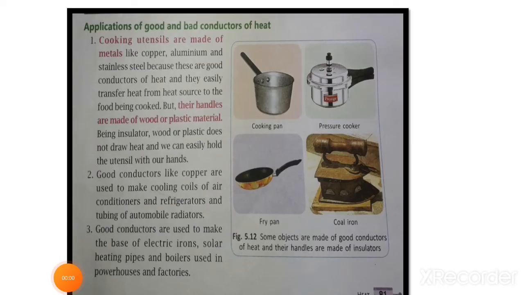Let us take a look at the applications of good and bad conductors of heat. First, cooking utensils are made of metals like copper, aluminum, and stainless steel because these are good conductors of heat and they easily transfer heat from the heat source to the food being cooked. But their handles are made of wood or plastic because, being insulators, wood or plastic does not draw heat, and we can easily hold the utensils with our hand.